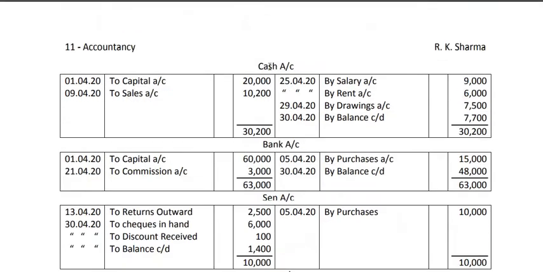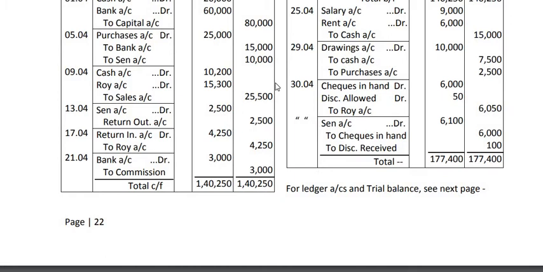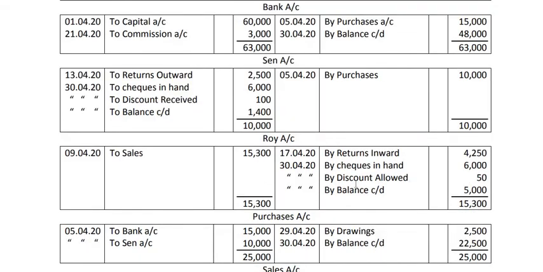Okay. Now after that there is one entry in Roy account, return inward account debit to Roy account. So in Roy account we can write by return inward account 4,250. This will come to the credit side of Roy account. I have written here by return inward account 4,250 on 17th April.